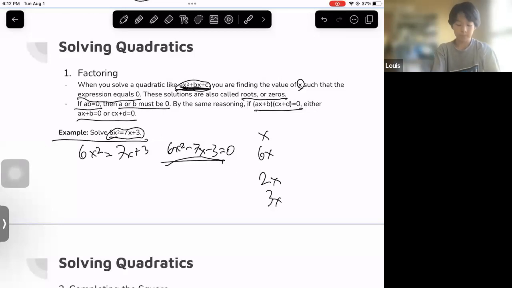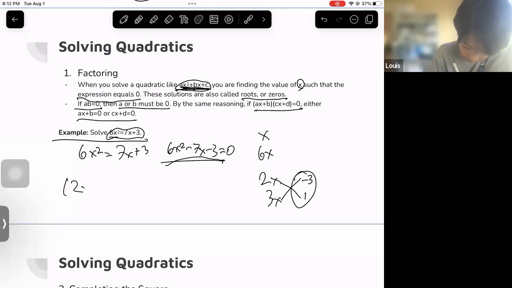For each of them, we can try to find two more on this side such that the product of this and this and the product of this and this added together should equal negative 7x. After a bit of trial and error, we can just do negative 3 and 1. This would give us an answer.